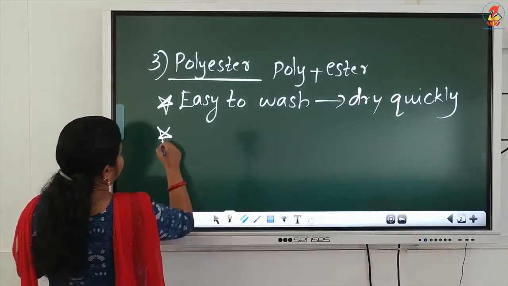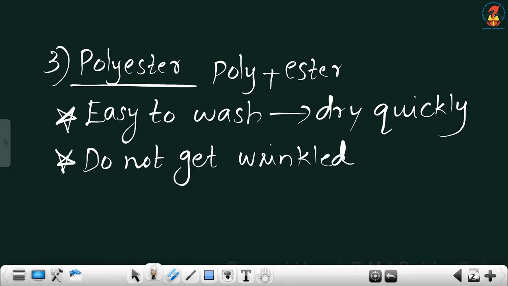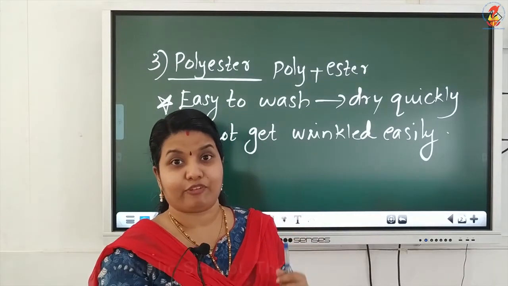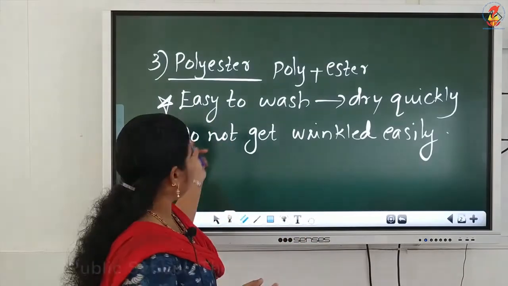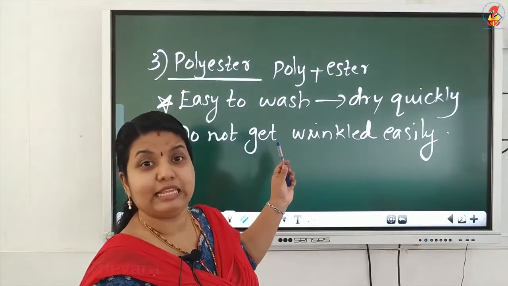Second one, fabrics made of polyester do not get wrinkled easily. So they resist wrinkles. After washing, clothes become wrinkled, especially cotton, silk, etc. But fabrics made of polyester fibers, not only polyester, most of the synthetic fibers, resist wrinkles.